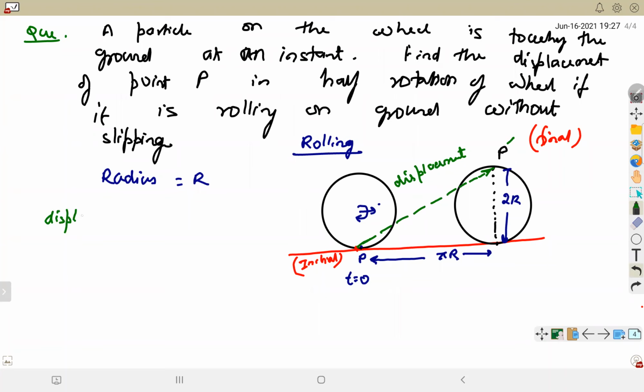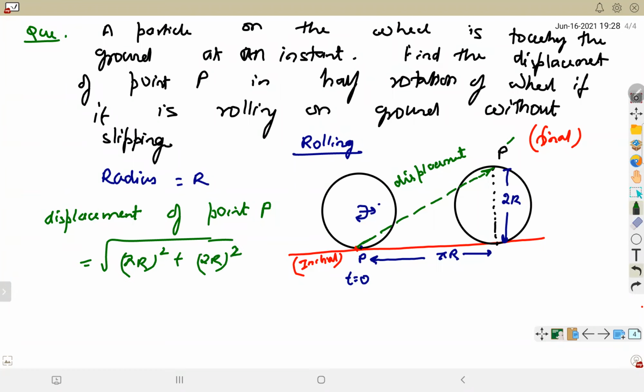So the displacement of this point P, by using the Pythagoras theorem, will be the square root of (pi r) squared plus (2r) squared, which is root of pi squared plus 4, times r. By the same logic, after exactly one complete rotation, it will be back on the ground, so the displacement will be 2 pi r.